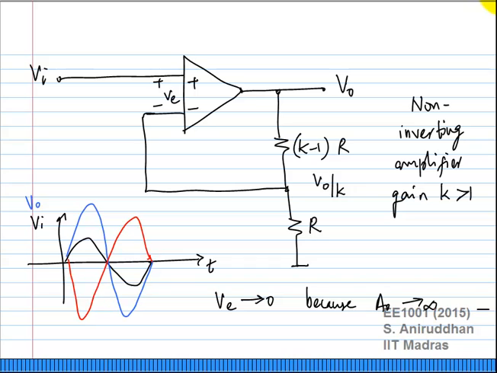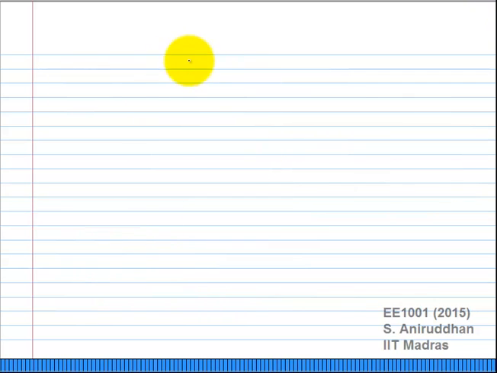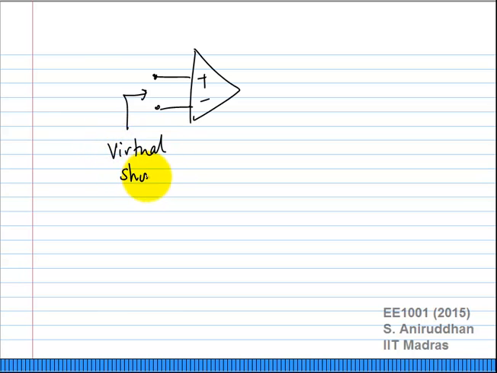The op amp is said to create a virtual short between its two terminals, under very specific conditions: only when the op amp is placed in negative feedback.